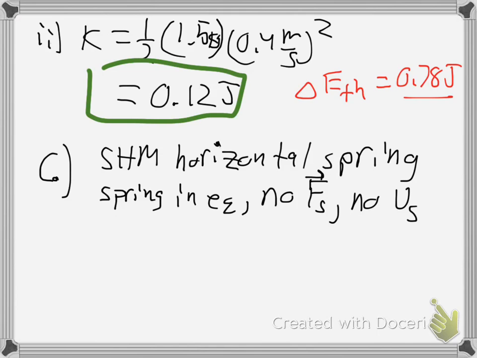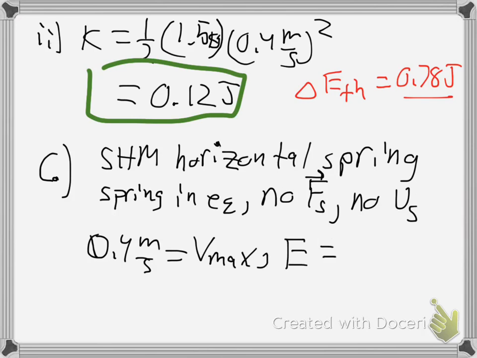So what that means is 0.4 is going to be equal to its maximum velocity. That also means that the total energy is going to be equal to kinetic energy at this point. So at this point, we're looking at the maximum kinetic energy.